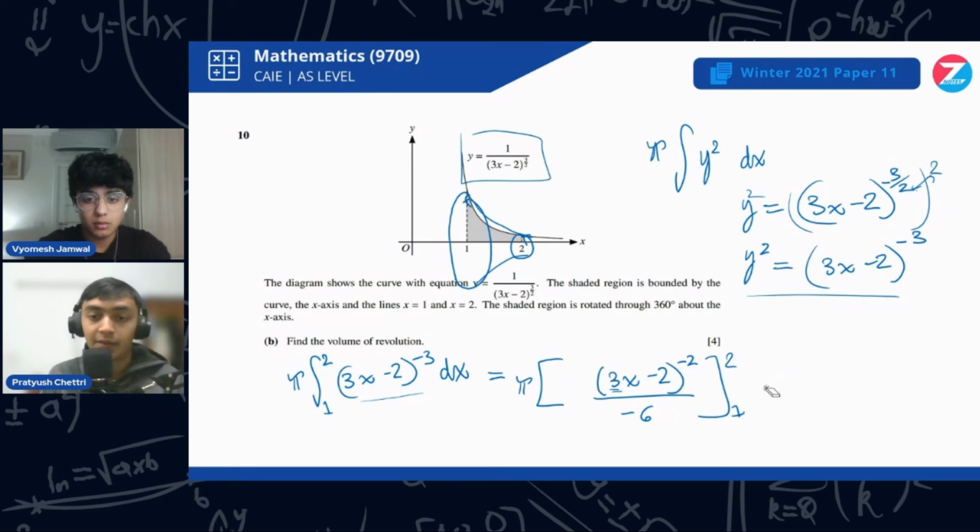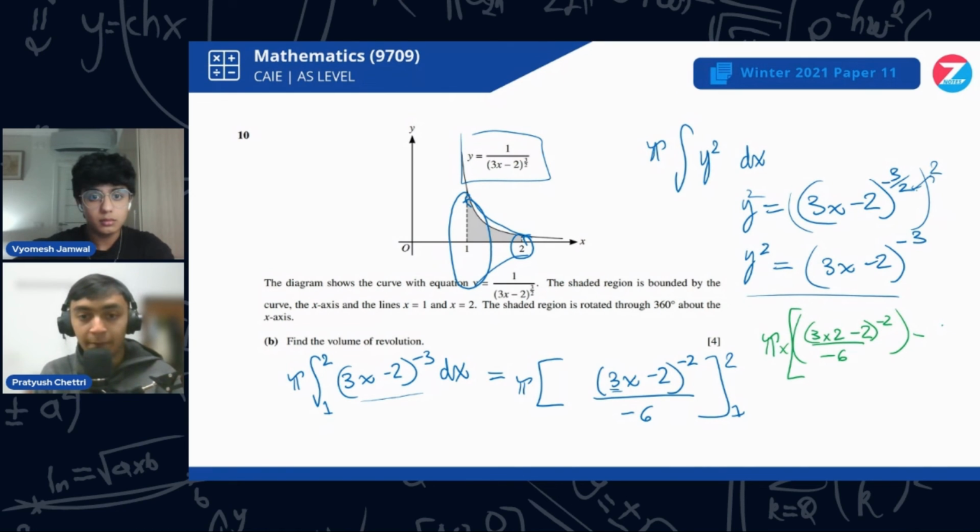So now let's plug in the values. Keep the pi outside. Pi times, that's a big bracket. For the 2, 3 times 2 minus 2 to the power minus 2 over minus 6. Pi goes around both, by the way. And then for the 1, 3 minus 2 to the power minus 2 over minus 6.